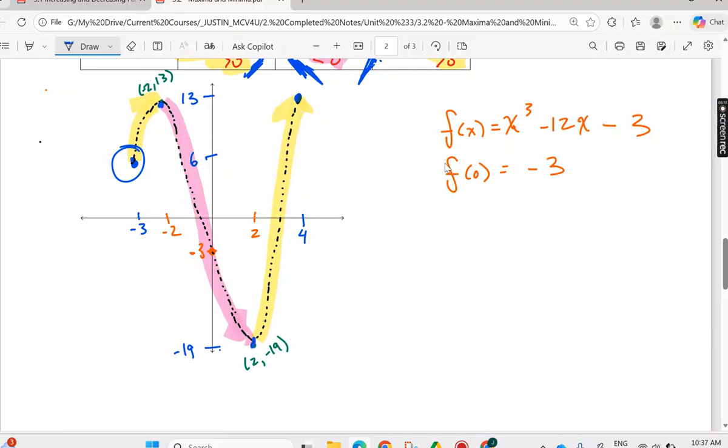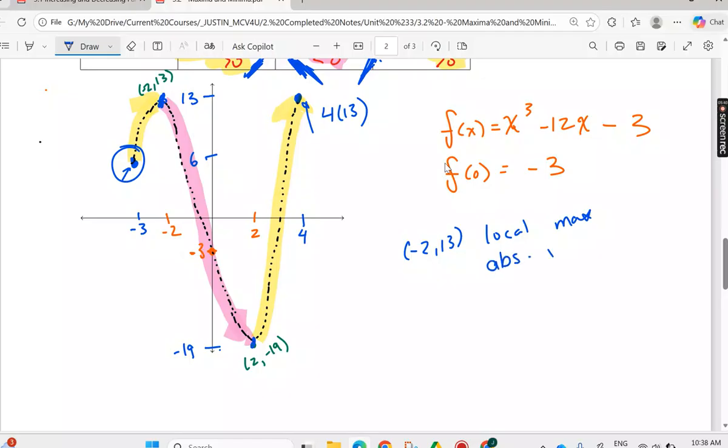Now looking at this graph and given the endpoints, to identify local max and mins, this is obviously a max. So (-2, 13) is what we call a local max, not an absolute, but a local, because of this point right here, (4, 13). Actually, I lied.